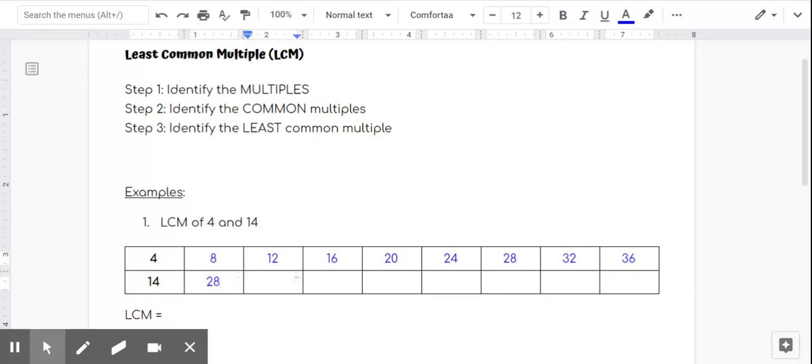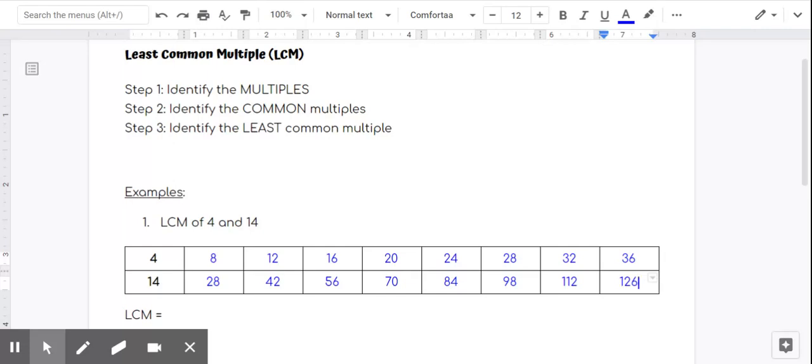I'm going to keep going. So in a multiplication chart, I have 14, 28, 42, 56, 70, 84, 98, 112, and 126. So these are the first set of multiples for both numbers.